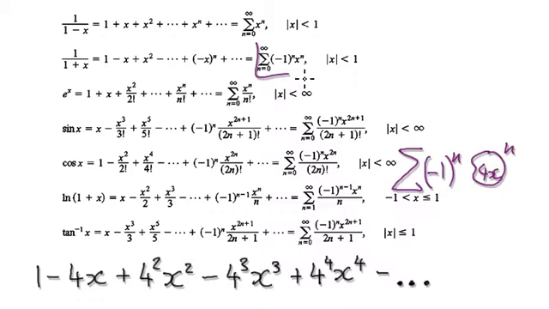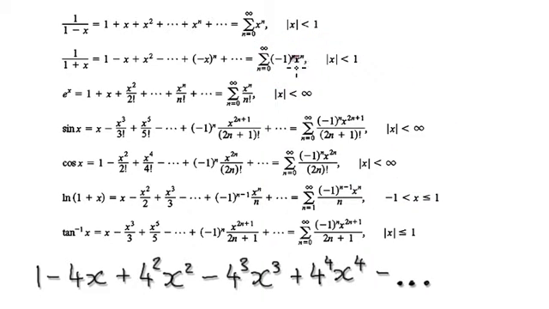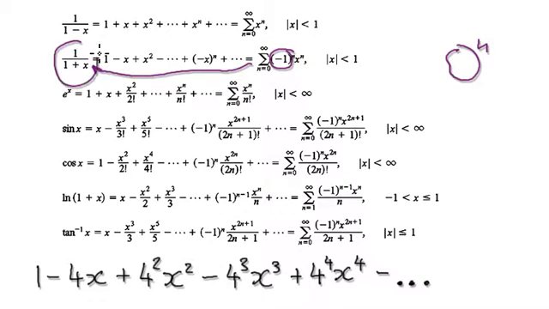You should be able to spot that you should be using this, because here you've got something to the power of n, and then you've got your alternating component. So you should be using this.